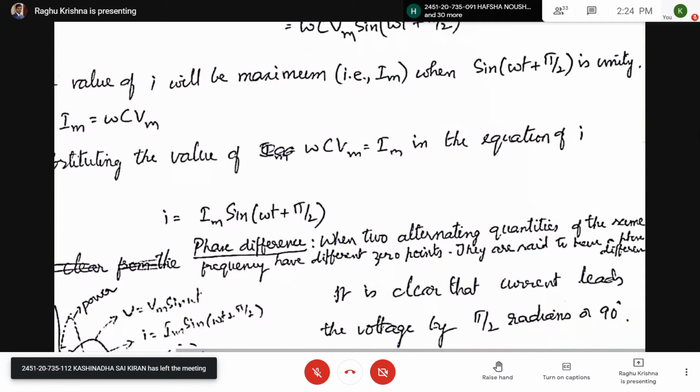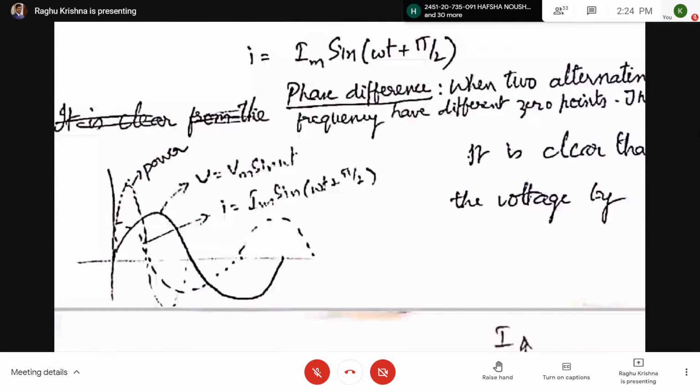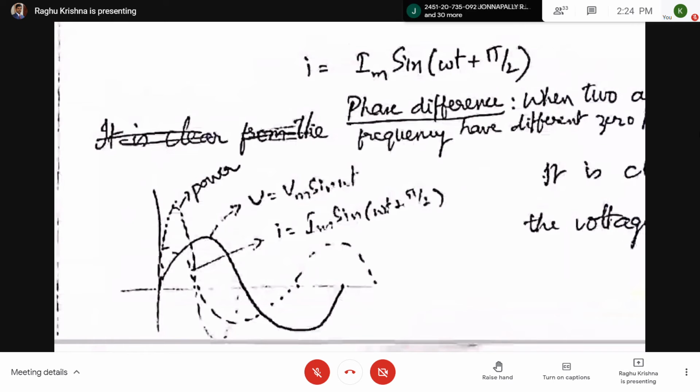Let us take voltage starting from 0. So at omega t equal to 0, V equal to 0. Now current leads the voltage. At omega t equal to 0, current already has its maximum value, and at pi by 2, the current becomes 0. So the current leads the voltage by 90 degrees.